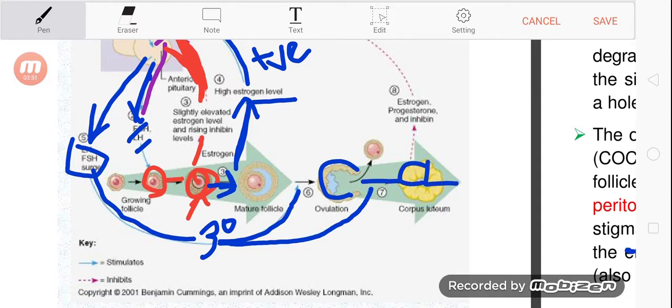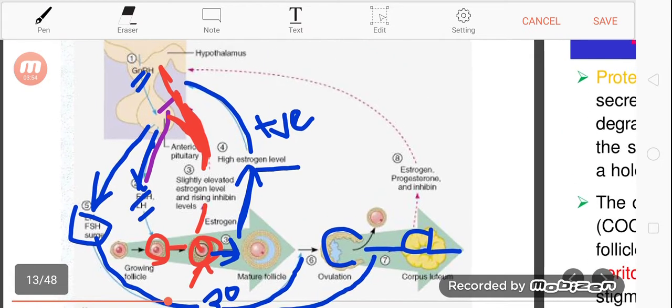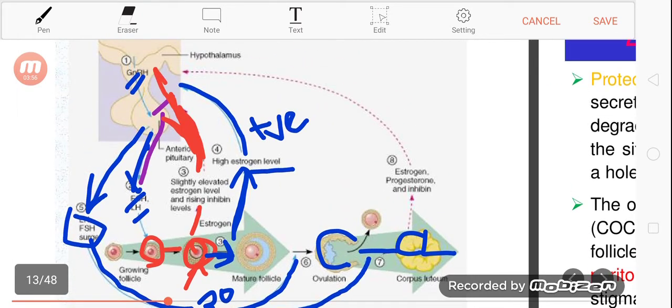So to refresh: as you can see, the pathway in purple and red color is during the follicular phase, early and mid follicular phase.